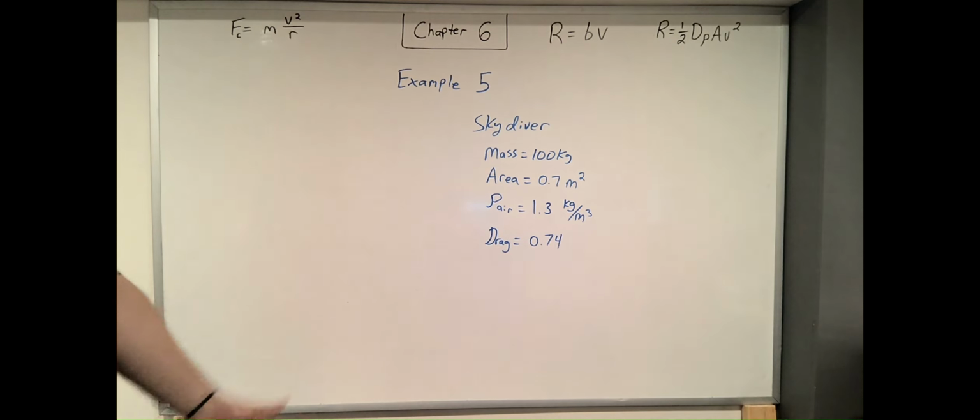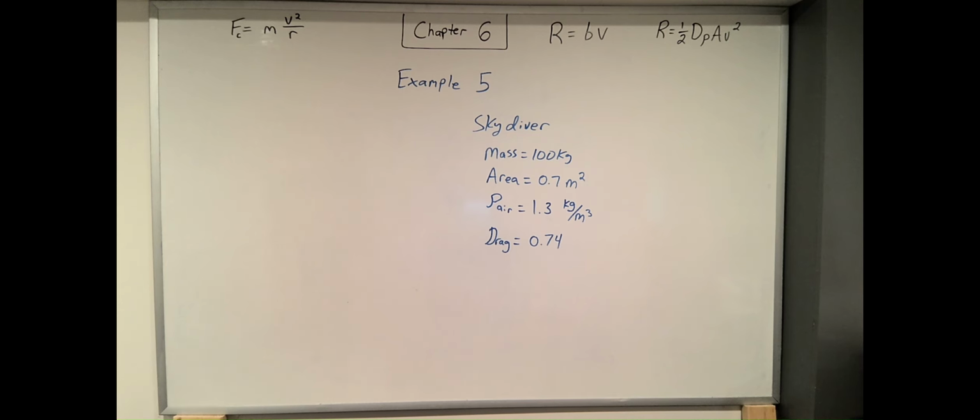I'm just grabbing these numbers online from Google, asking AI, and it's popping up the numbers for me. Let's see if it makes any sense. You could do this for anything you wanted, change the mass, change the area, change anything. You could find out the terminal velocity for any object at any speed. You can go ahead and just put this in.